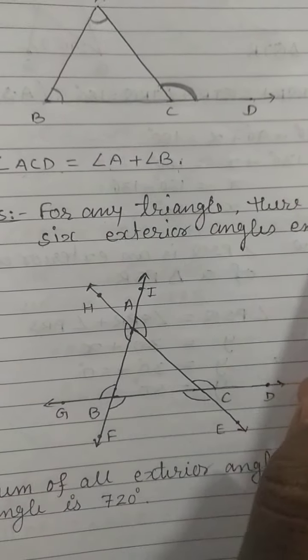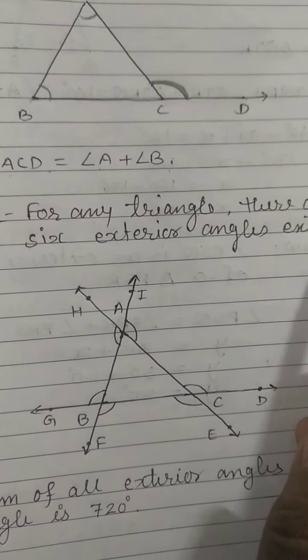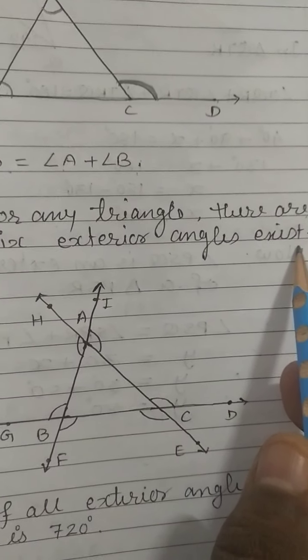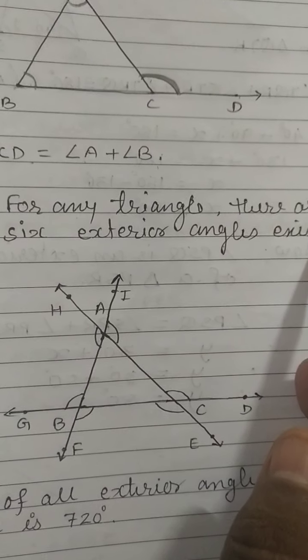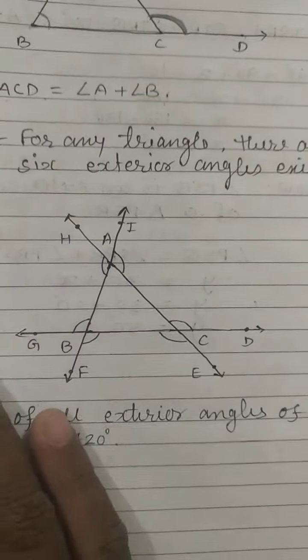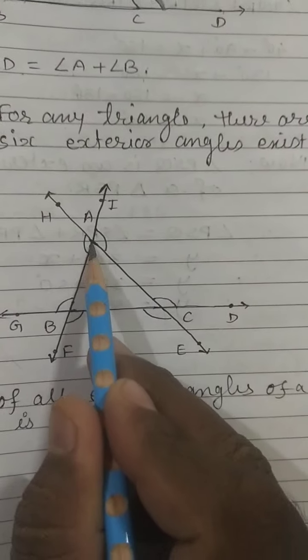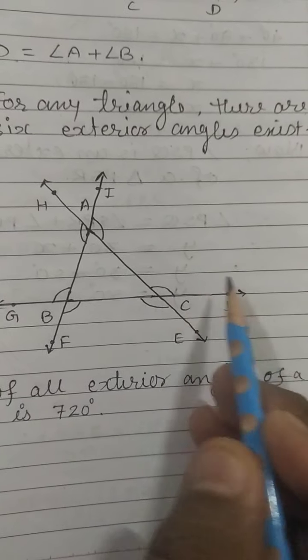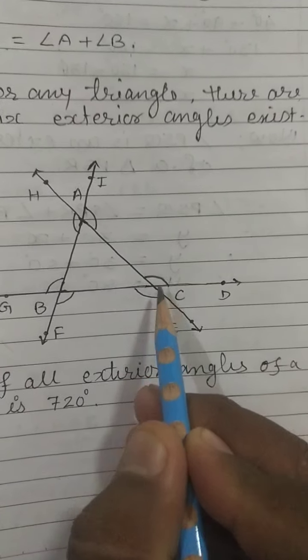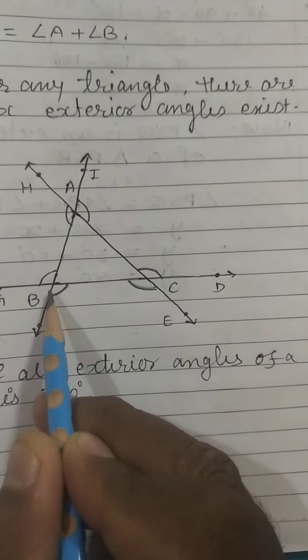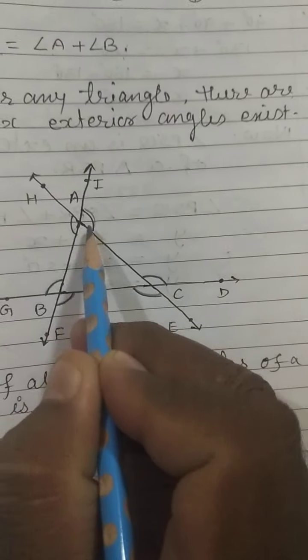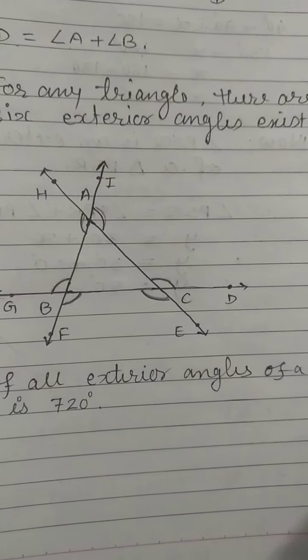One remark is there. For any triangle, there are 6 exterior angles. You can check, I have made a drawing here of a triangle ABC. So you can check 1, 2, 3, 4, 5 and 6 exterior angles are there.